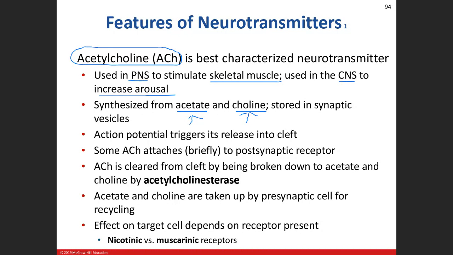So the enzyme that breaks it down, you've got to know this, is acetylcholinesterase, because there are certain toxins that can block it. If you have a drug that is able to inhibit acetylcholinesterase, then acetylcholine stays in the synaptic cleft longer, and you can prolong the effects of that neurotransmitter. There are certain drugs that help with that if you want to sustain a muscle contraction, for example.